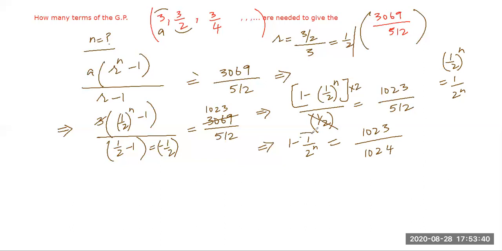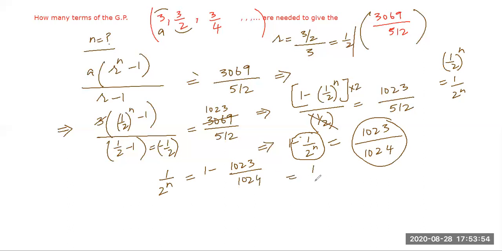So take this term on the right hand side, it becomes 1 by 2 raised to power n is equal to, and this term on the left hand side, 1 minus 1023 by 1024. So this is equal to 1 by 1024. Very simple. So 1 by 2 raised to power n is equal to 1 by 1024.